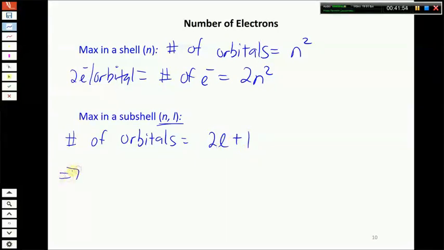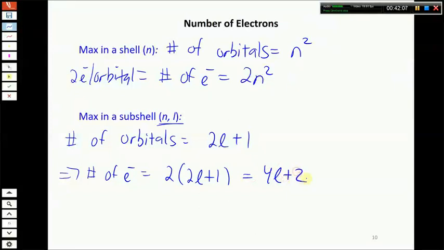And because we can put no more than 2 electrons in a single orbital, the number of electrons in a subshell is just going to be 2 times 2l plus 1, or if you prefer to simplify, 4l plus 2. But essentially, it's the maximum number of orbitals, and then to find the maximum number of electrons, you just double that because you could put as many as 2 electrons into each orbital.